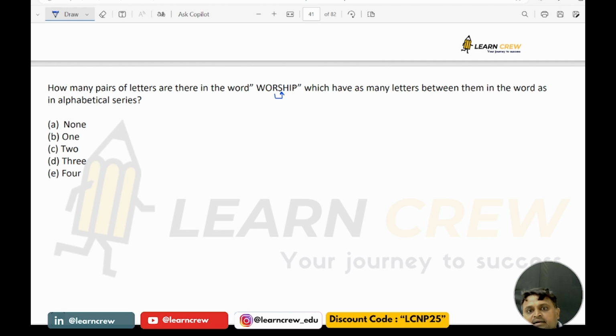And between S and P, P, Q, R, S, right? And H is 8, I is 9. So there are 3 pairs. One is RS, the other is SP, the other is HI. So 3 such pairs are there.